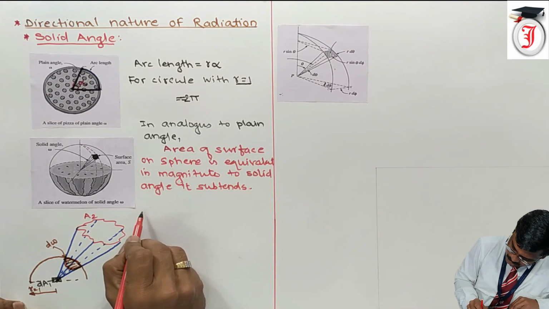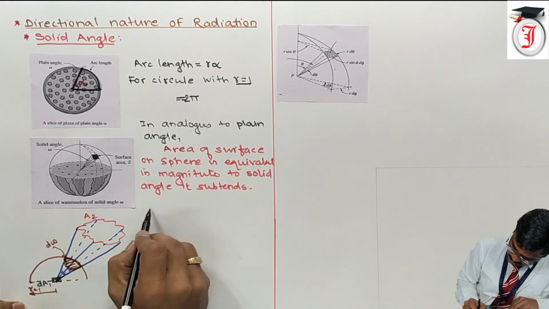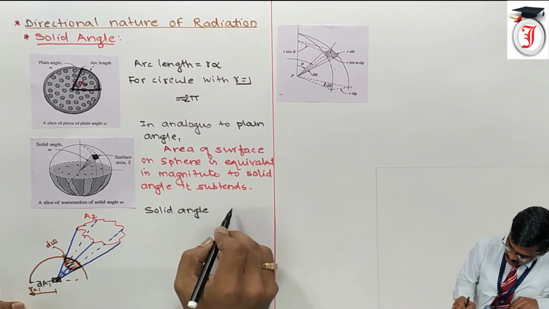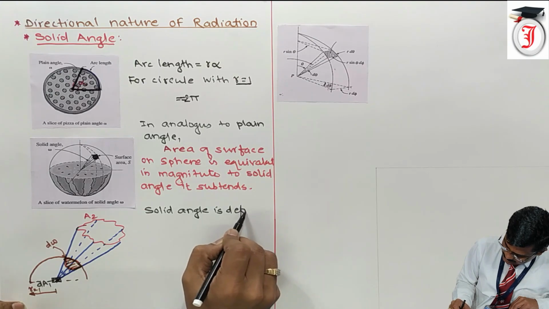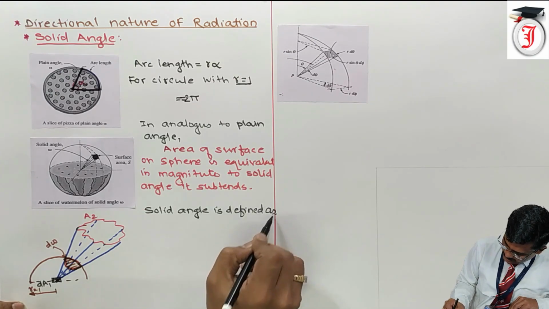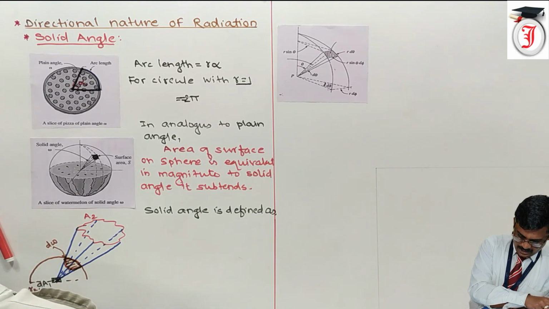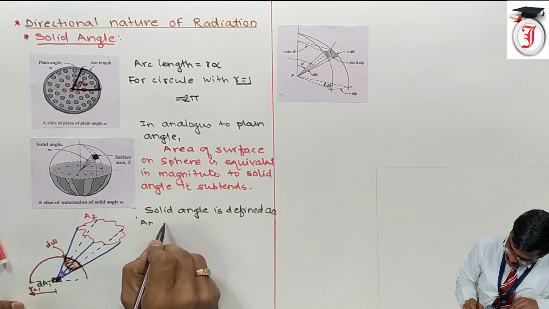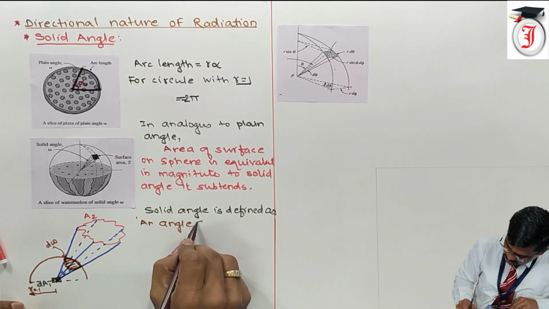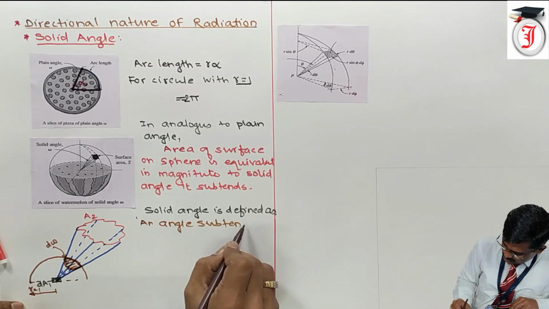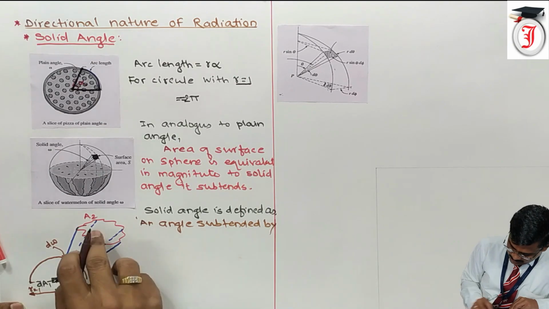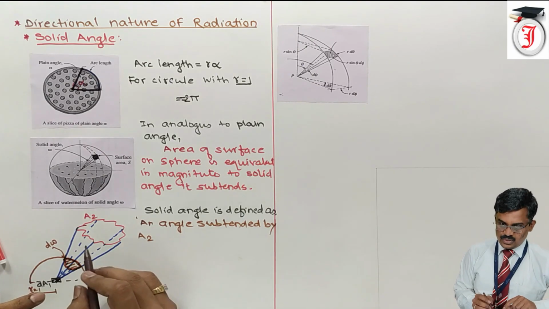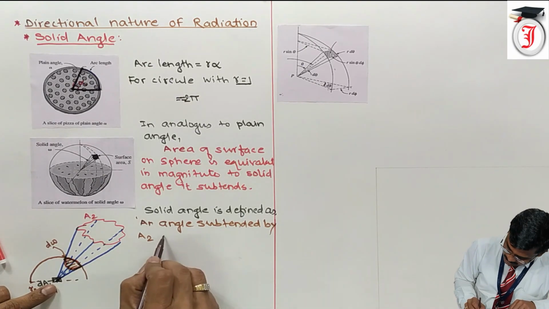So solid angle is defined as the angle subtended by area A2 at surface dA1.